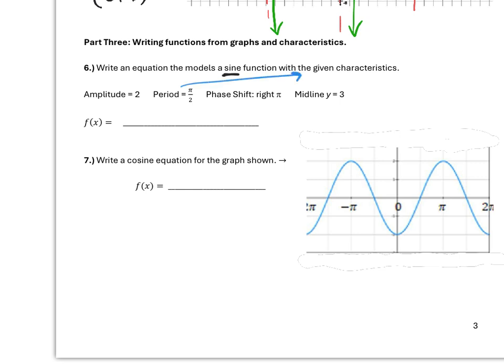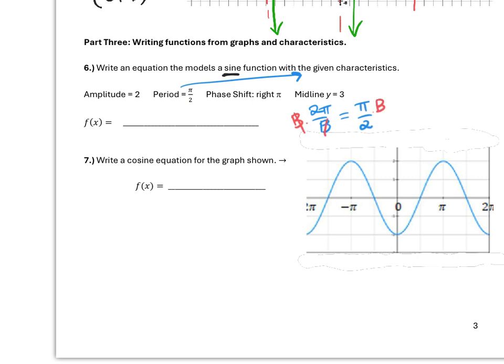I know that the period of sine equals 2 pi over b. So I'm going to say 2 pi over b is equal to pi over 2, because I need to solve for b. I can't just put the period into the function. I have to figure out what the b value is. Then I'll multiply both sides by b to get rid of it.